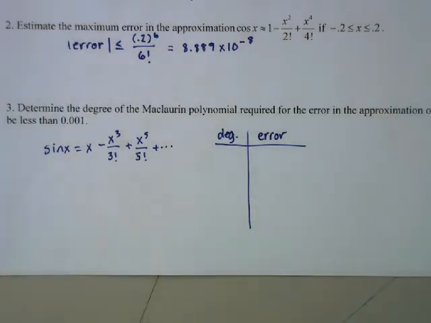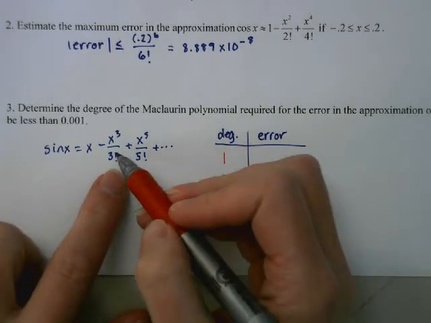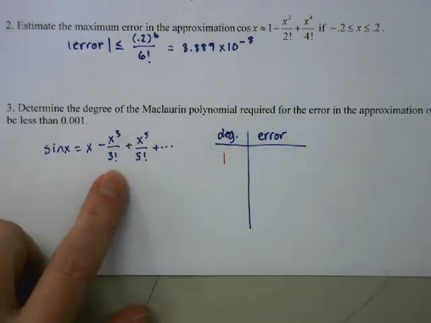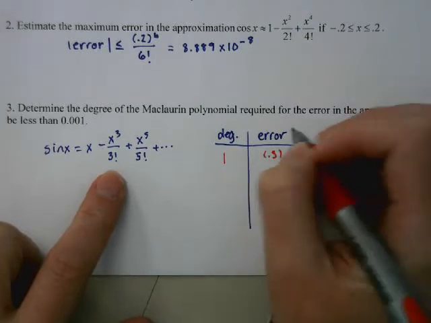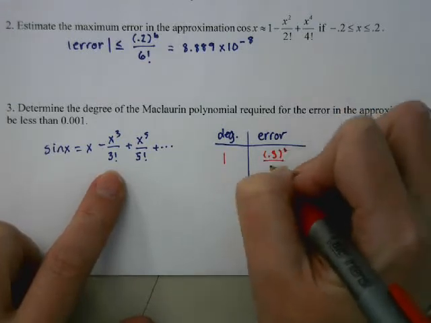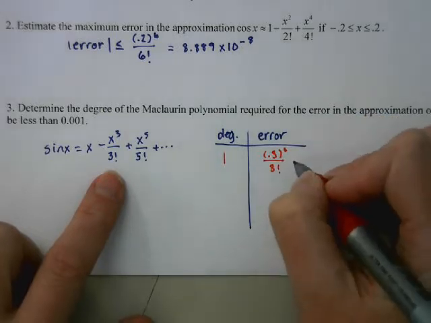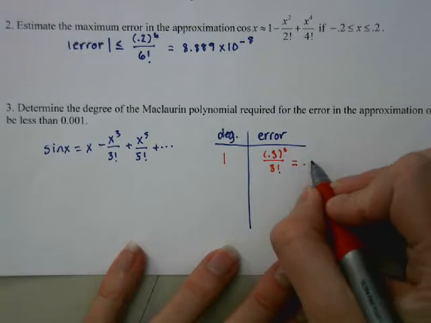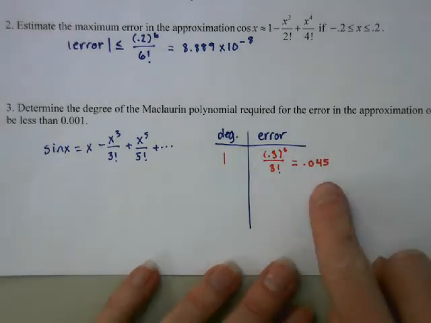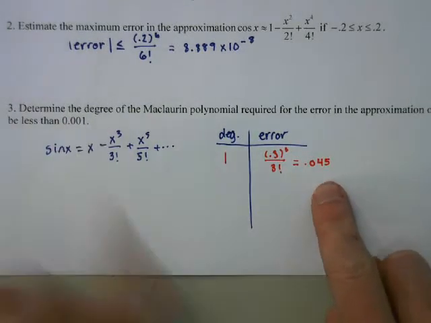So if my degree is 1, the error is going to be approximated by the next term in the sequence, evaluated at 0.3. So that's going to be 0.3 cubed over 3 factorial, which is 0.045. So that error is too big for us.